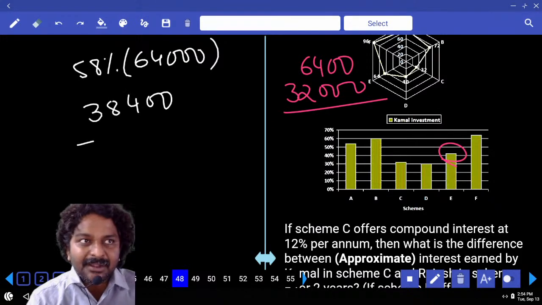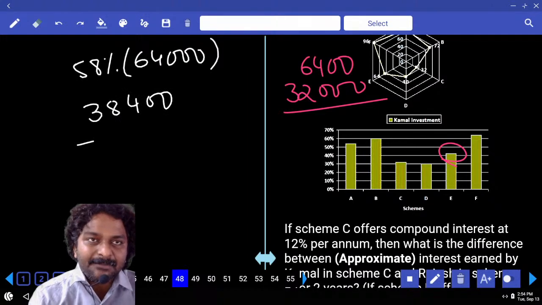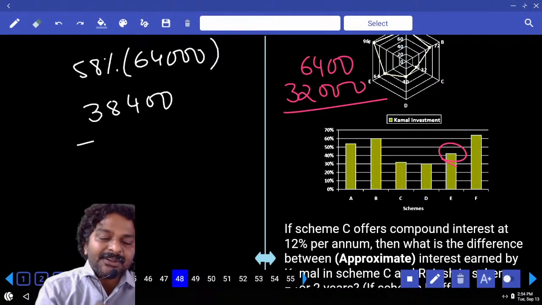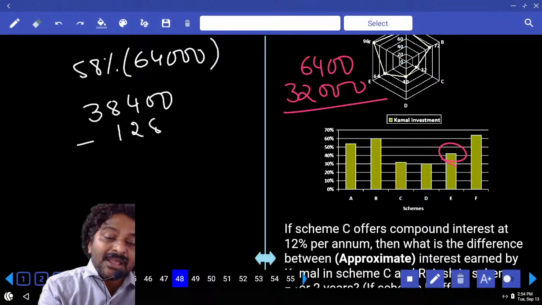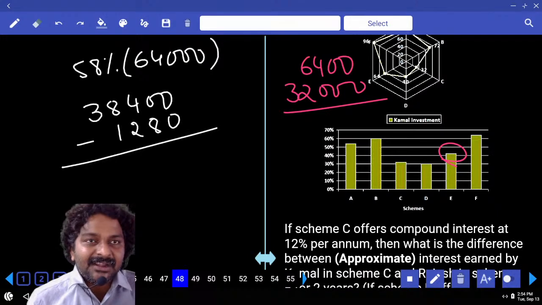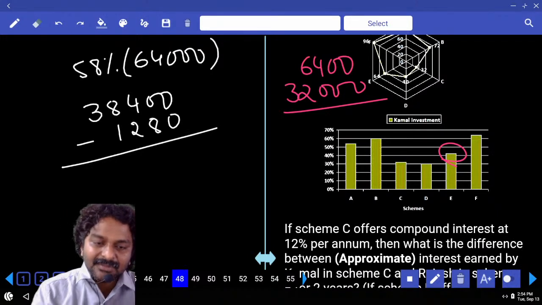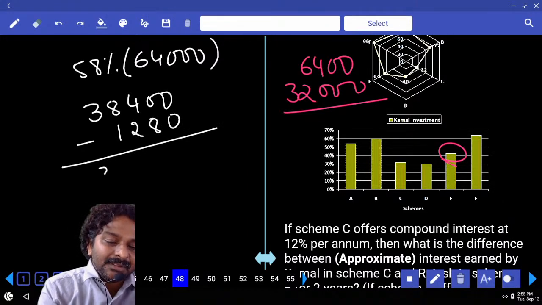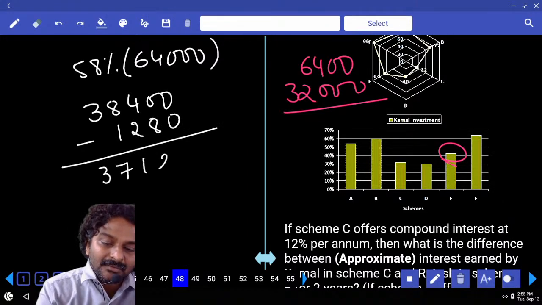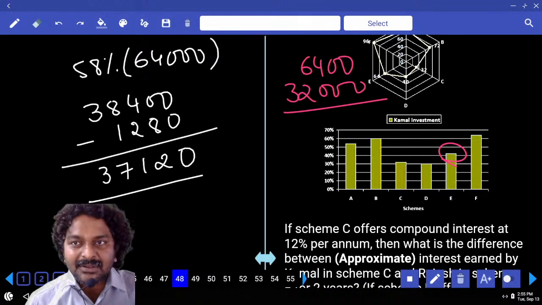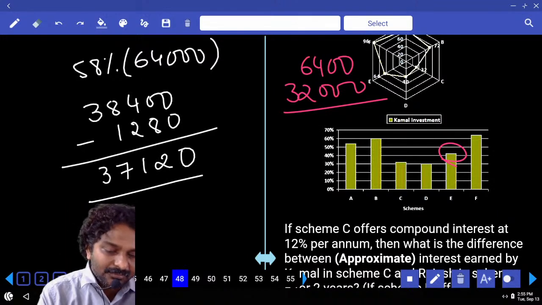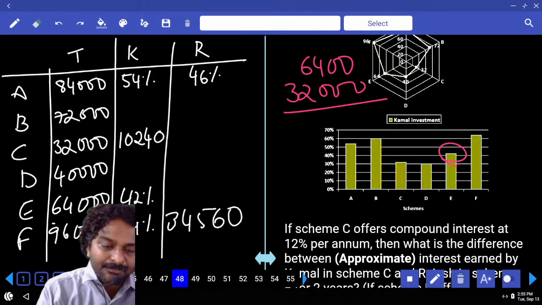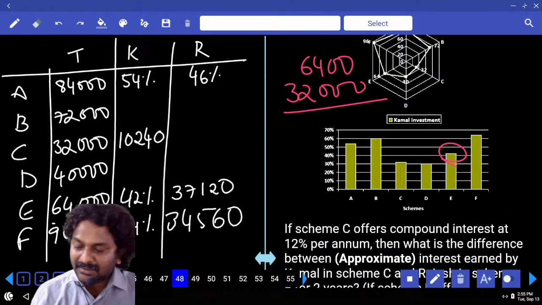From that we have to subtract the 2% value. 1% is 640, so 2% is 1280. Subtract 1300, add 20 later. That gives 37,120.